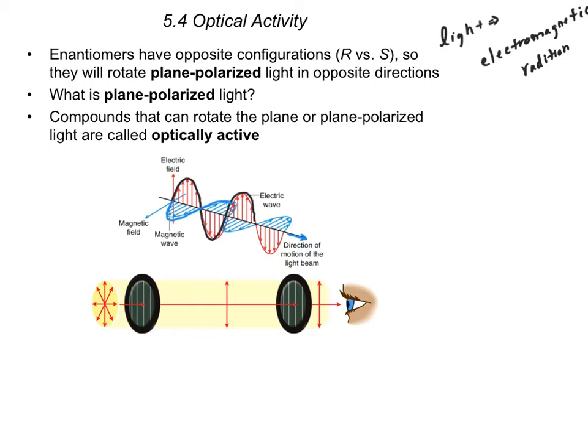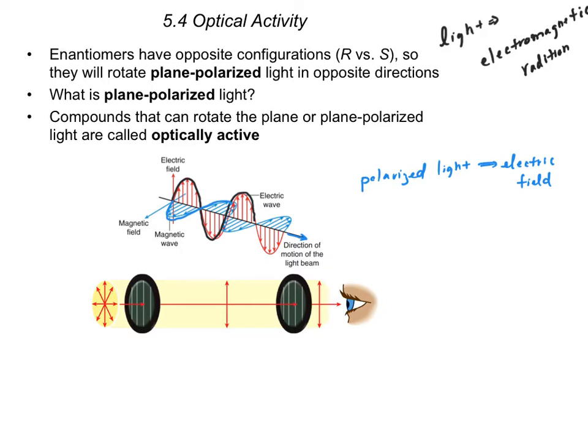So when we have polarized light, we're only looking at the electric field. The magnetic field is removed, okay? And let's make sure that blue does not work very well. Okay, all right, so that's polarized light.